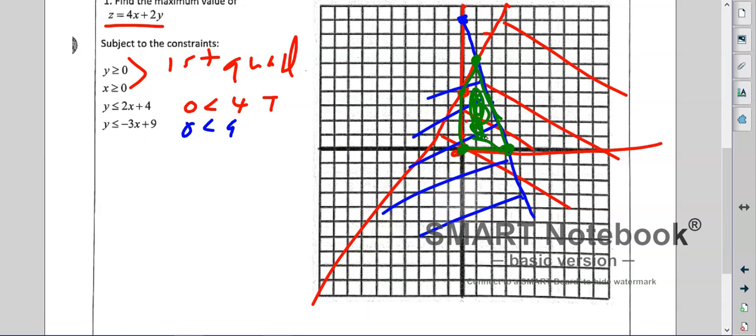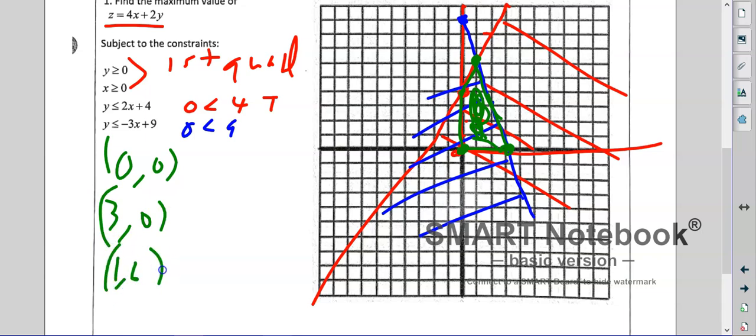So what are my 4 points? I have 0, 0. I have 3, 0. I have 1, 6. And I have 0, 4. Okay. Now what I'm going to do is plug each of these in to this equation.